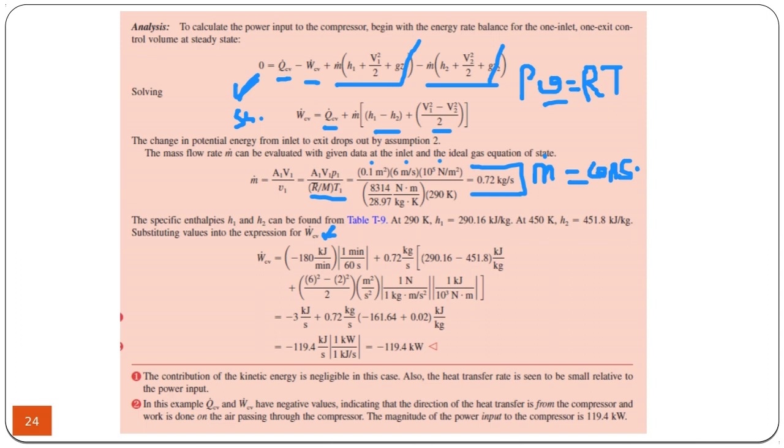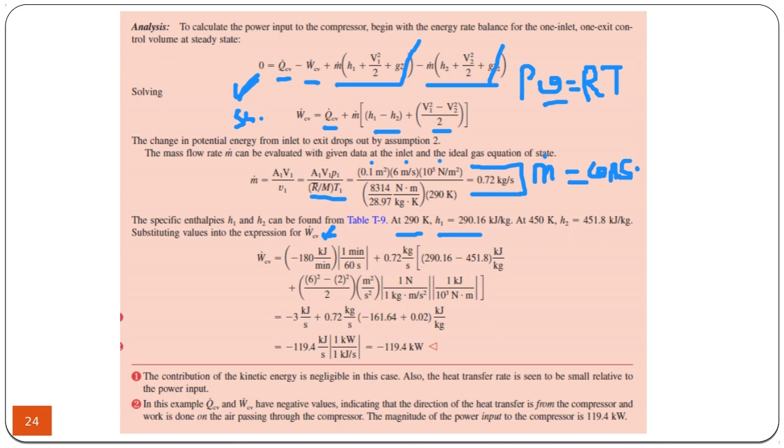Then we have to use the change in enthalpies. The change in enthalpies can be found from the air table, because this is an air compressor. So we have 290 Kelvin. From the table we find 290.16 kilojoules per kilogram of specific enthalpy.